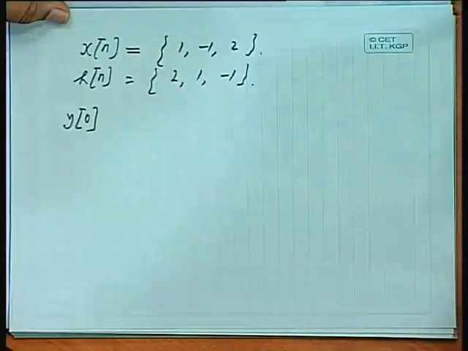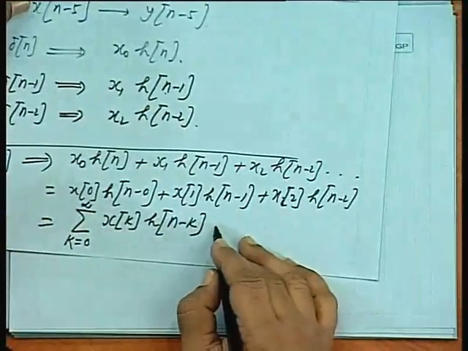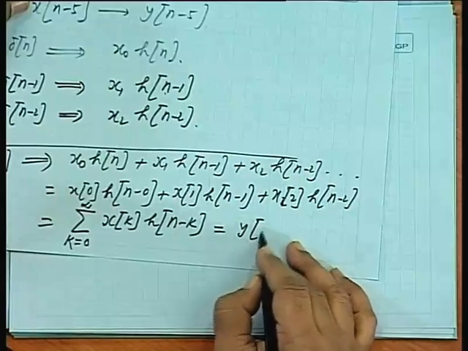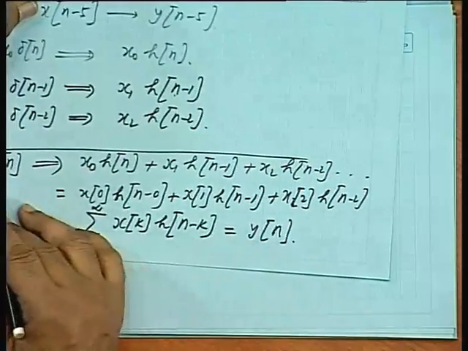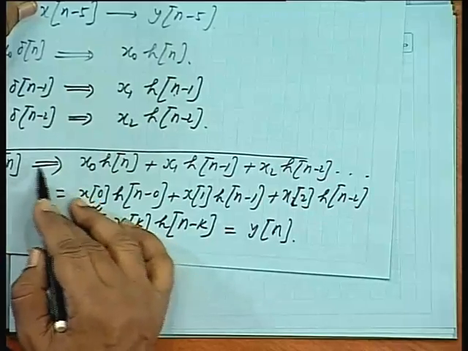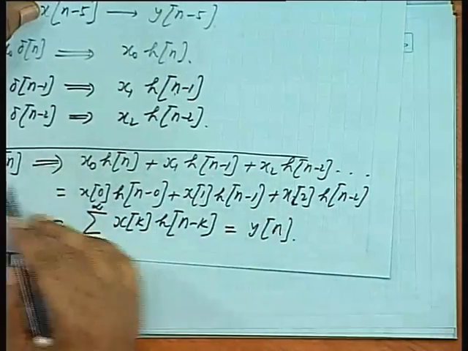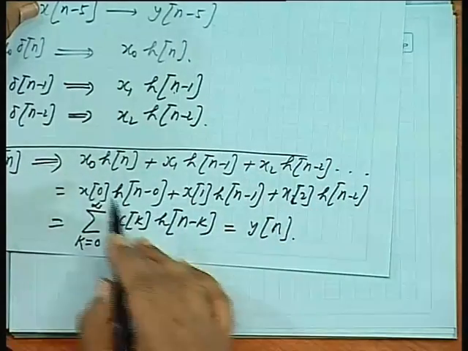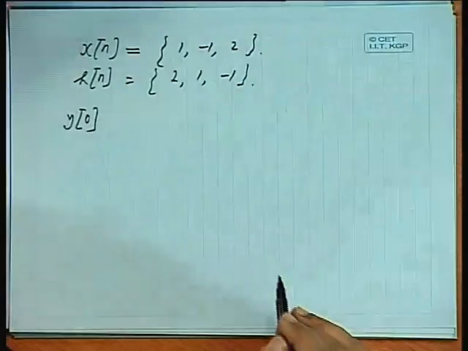What will be y[0]? And this is my y[n]. Corresponding to input x[n], the output is this, which is y[n]. So, what is y[n]?